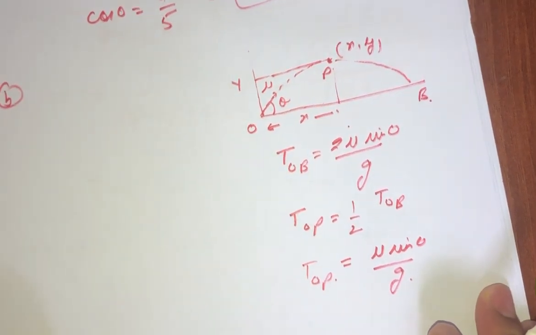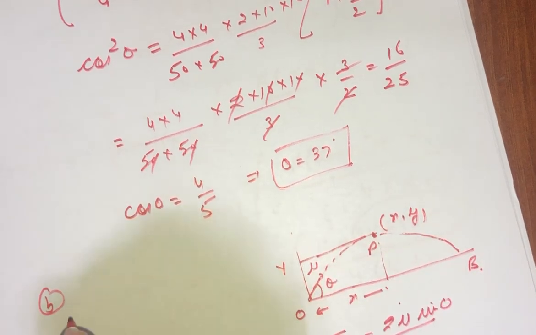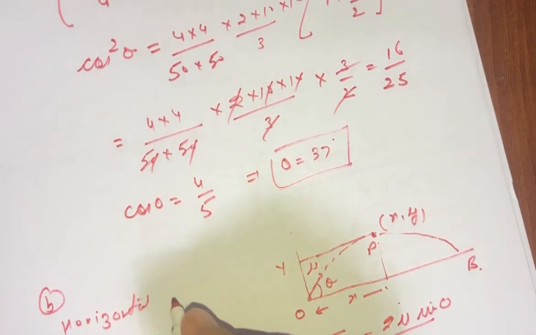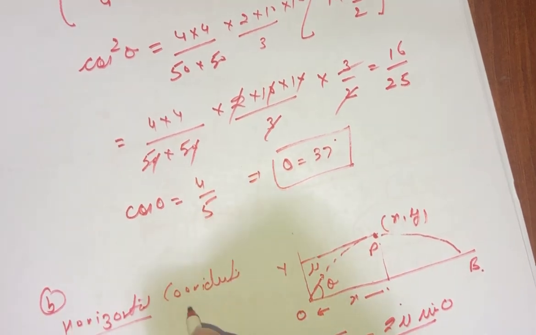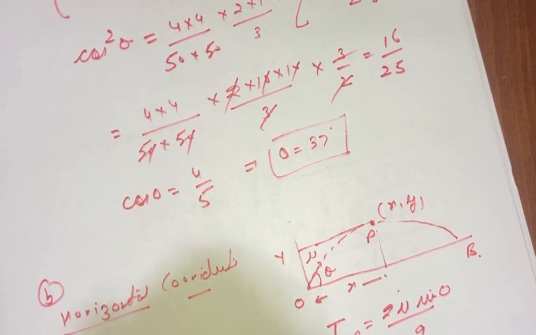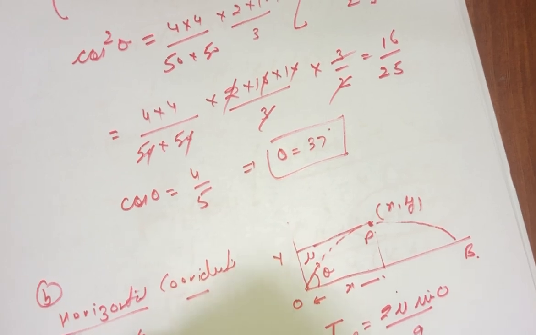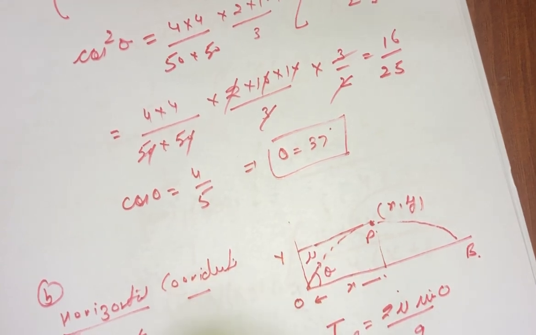In order to find the horizontal coordinate, we can say that the distance x will be equal to initial velocity in x direction multiplied by time t. Initial velocity in x direction is given as u cos of theta, and this t is given as TOP.